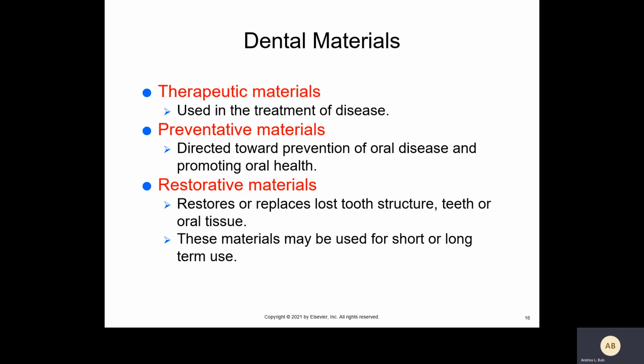A preventative material would be directed towards prevention of oral disease and promoting oral health. So with this, I would think fluoride, sealants, things like that. And then restorative materials obviously are used to restore or replace lost tooth structure, teeth, or oral tissue. And these materials can be used for short or long-term use.